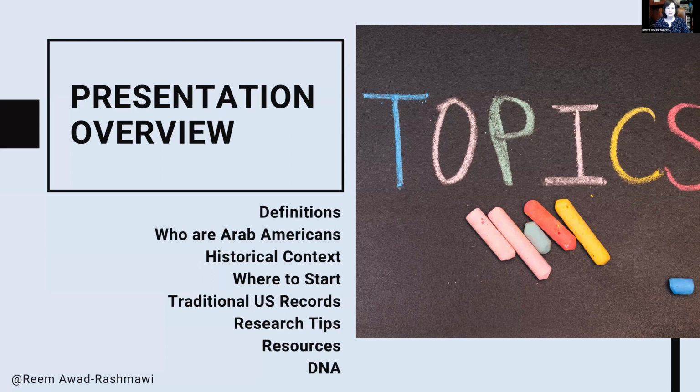What are some traditional US records and how do we apply Arab American genealogy research to that? And then some tips on how to do this research. And then where do you find the documents? Where do you find all of this information? And then, of course, a lot of people's favorite is DNA, right? Everyone's taking their DNA tests, and how to use that with Arab American research.